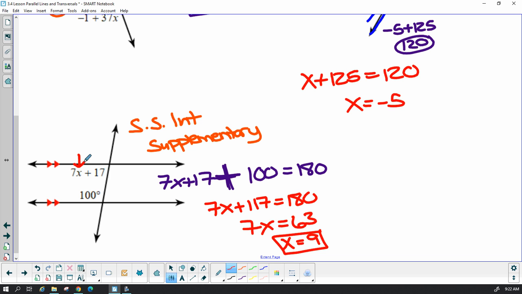So we could plug in 9 here and get 9 times 7 is 63, and 63 plus 17 is 80. And these two angles are not meant to be the same. They're meant to add to 180. 100 plus 80 is 180. We must have the right answer.